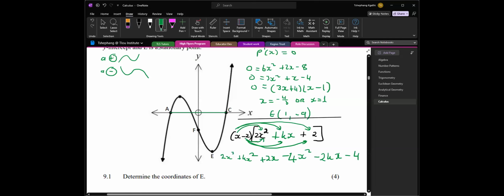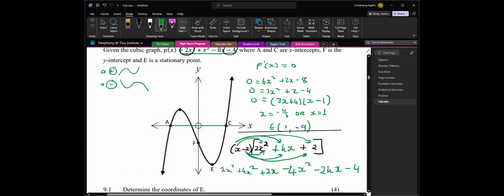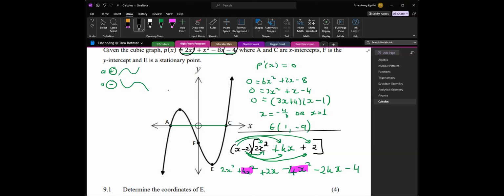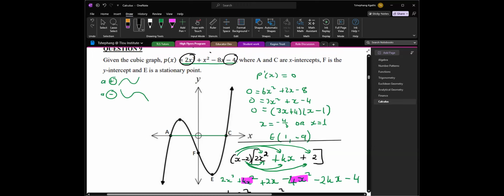But what I want to look at is the x squared terms. So this part and that part, the x squared terms. I'm going to say kx squared minus 4x squared. This must be equal to what? To the original x squared, which was this 2.